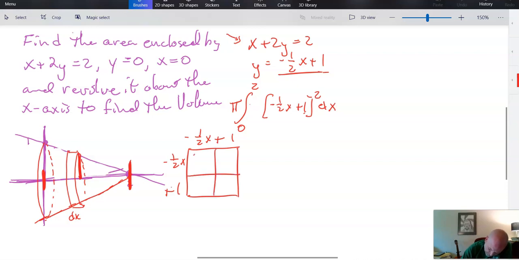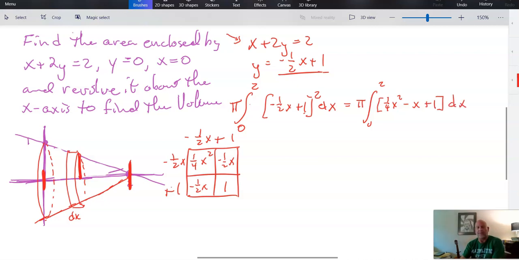That's going to give me 1/4 x squared, -1/2 x, -1/2 x, and 1. So if I add everybody together here, it's now pi times the integral from 0 to 2 of 1/4 x squared minus x plus 1. Right, so that's our integral now.